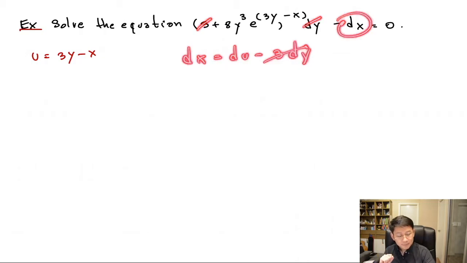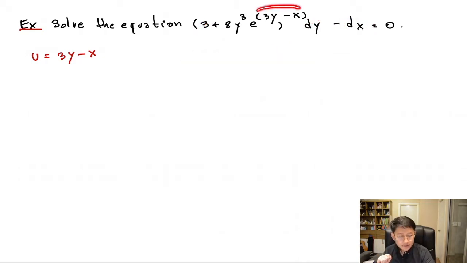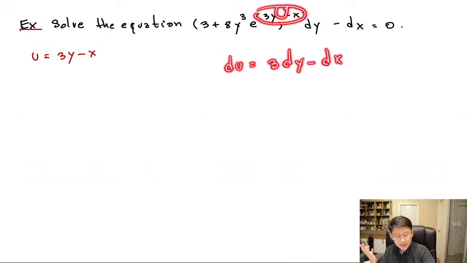Look at it again. If I let this guy be u, then du is 3dy minus dx, so dx is du minus 3dy.